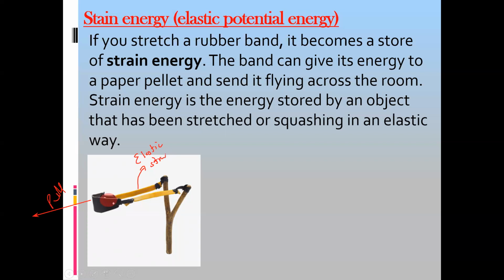And when you release this catapult, the stone will come out and start to move. When the stone or pebble is moving, which form of energy will it have? It will have kinetic energy. So basically, the elastic strain energy changes into the kinetic energy of the stone.